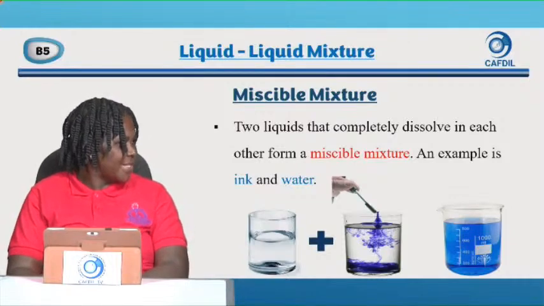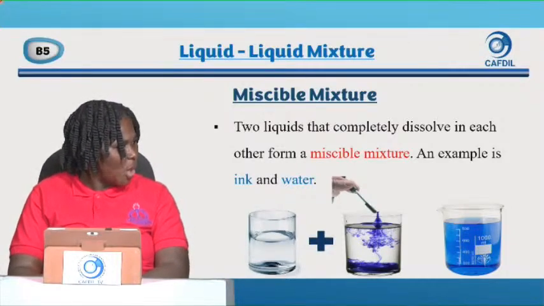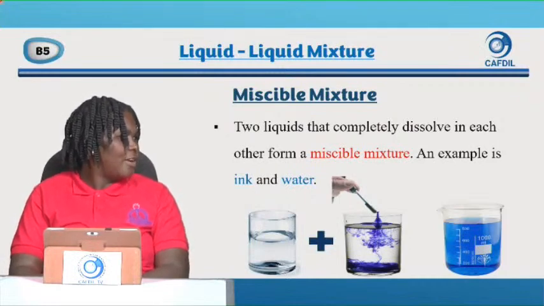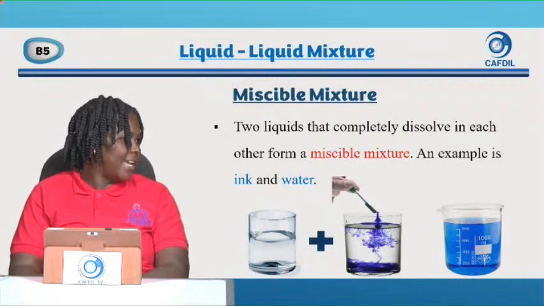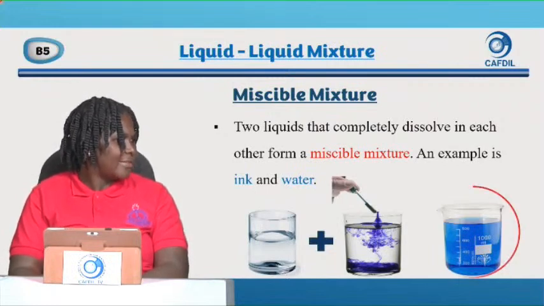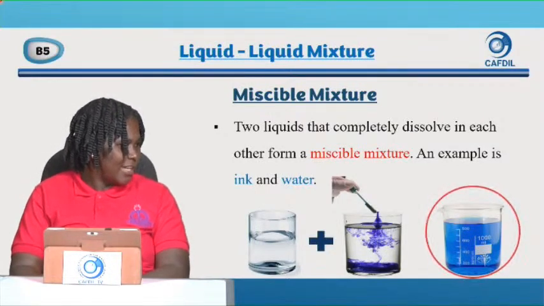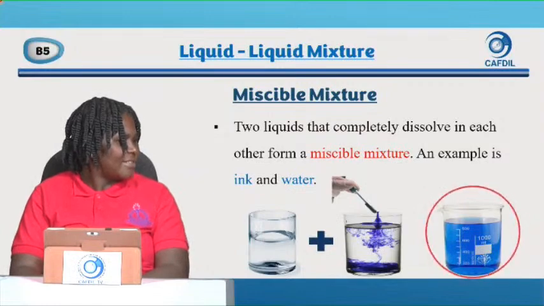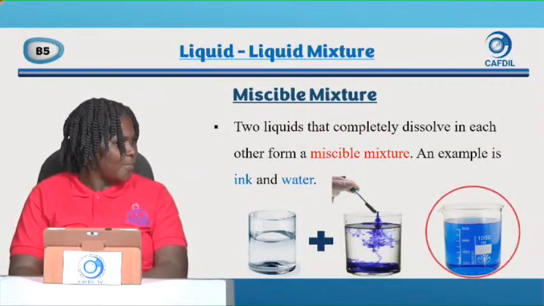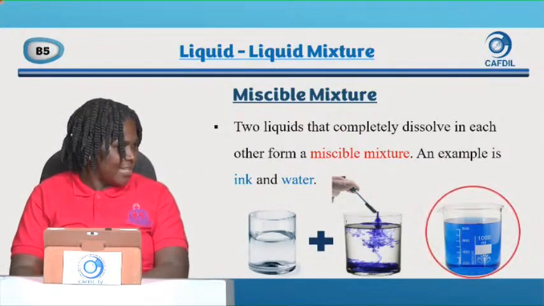So two liquids that completely dissolve in each other form a miscible mixture. An example is ink and water, and we can see on our screen that when they mix, they form one substance.